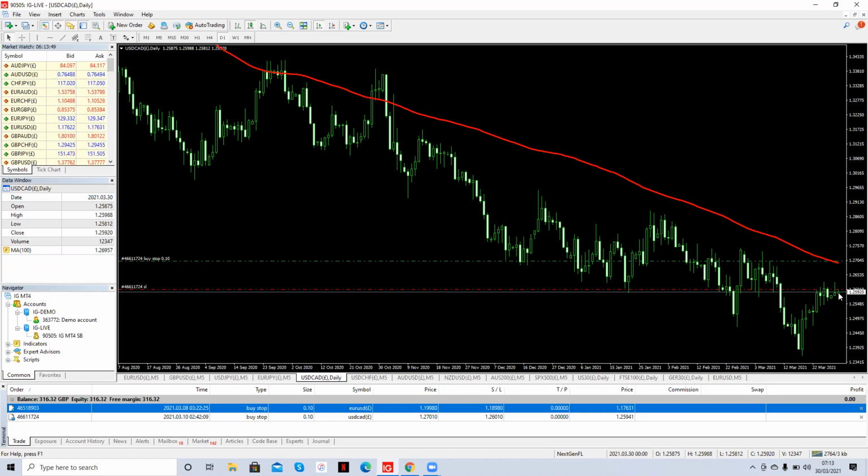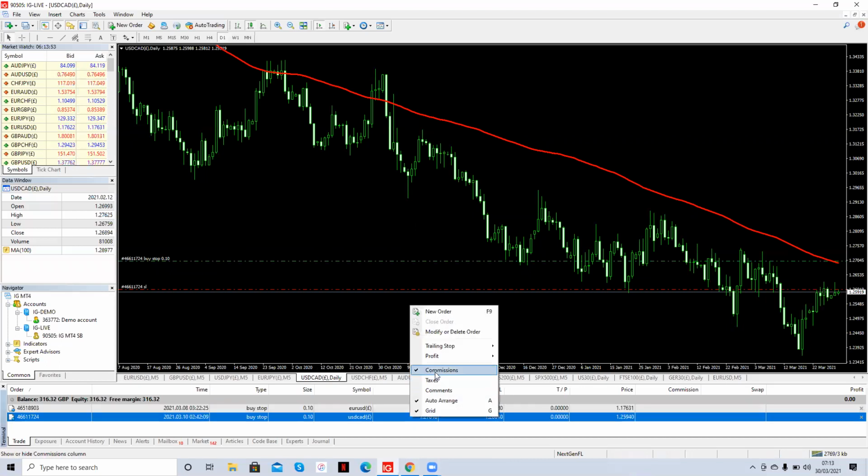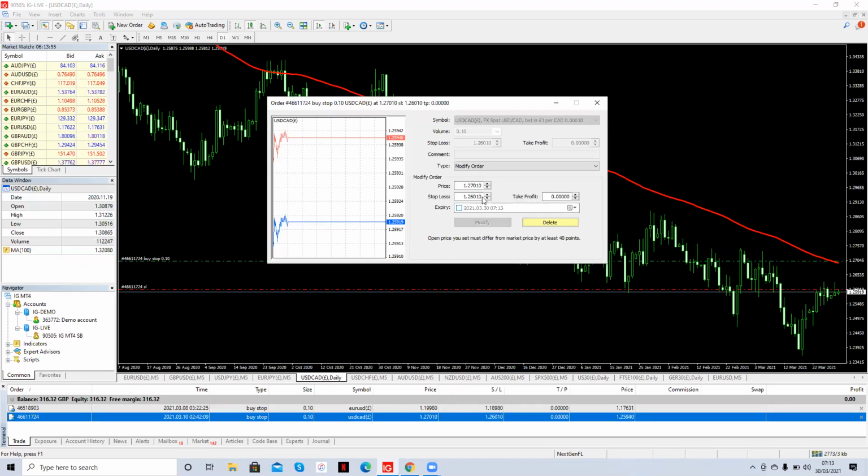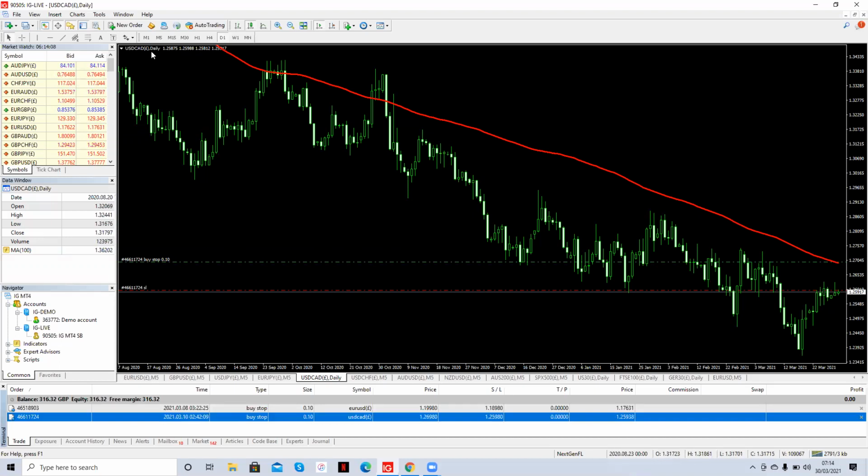So 2 pips above that is 1.2698, so I'll adjust that to 2698. And 100 pips below will be 2598. There you go. So that's it for my swing trading till tomorrow.